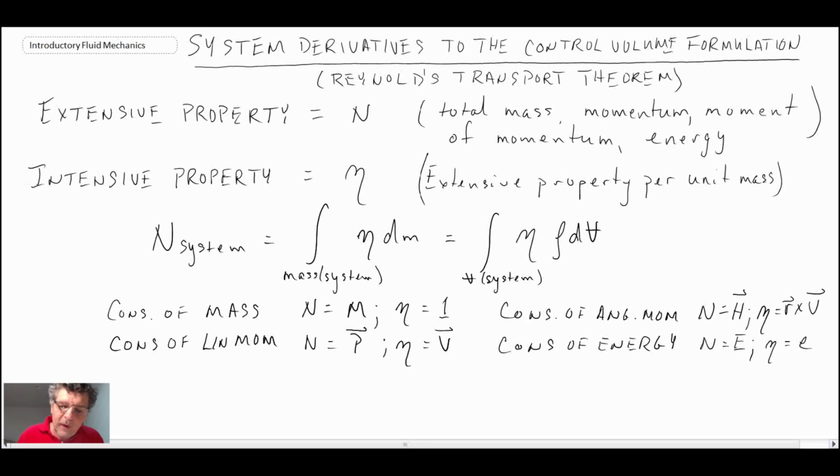Okay, so those are the intensive and extensive properties for our four basic laws: conservation of mass, linear momentum, angular momentum, and energy. And what we're going to be working on is coming up with an equation that enables us to express the time rate of change of any of those properties with respect to time, but in terms of the control volume formulation.